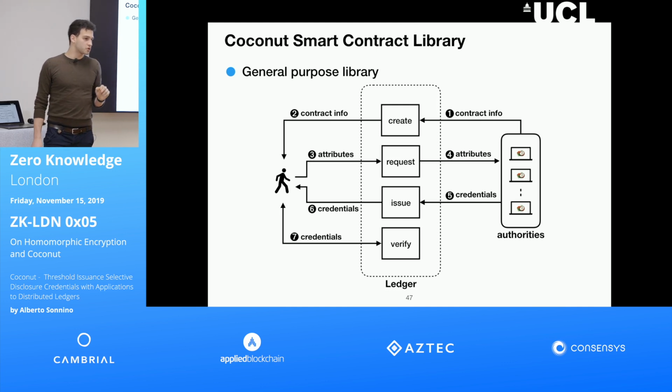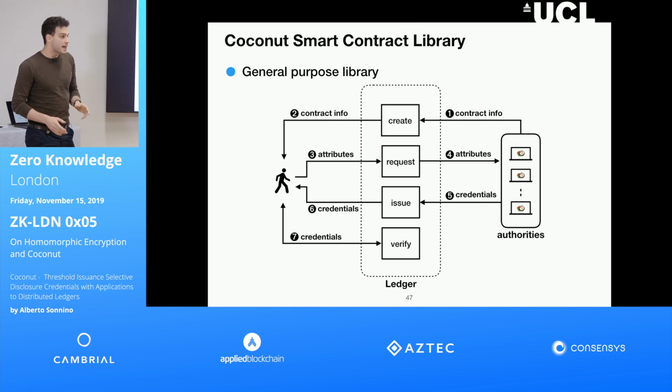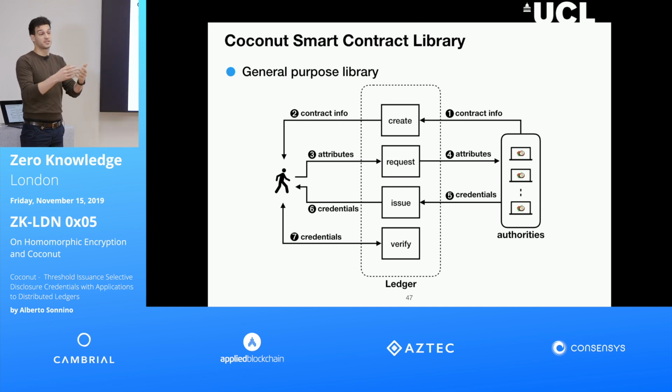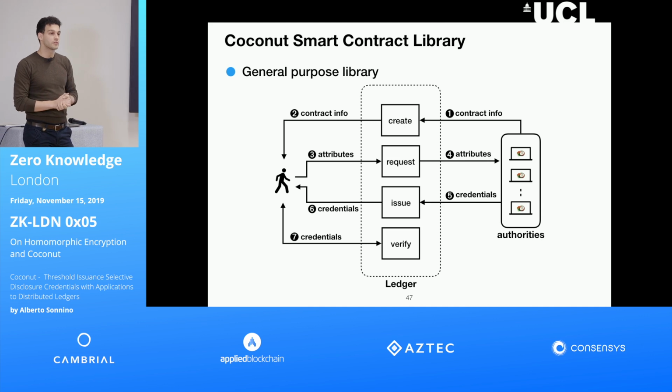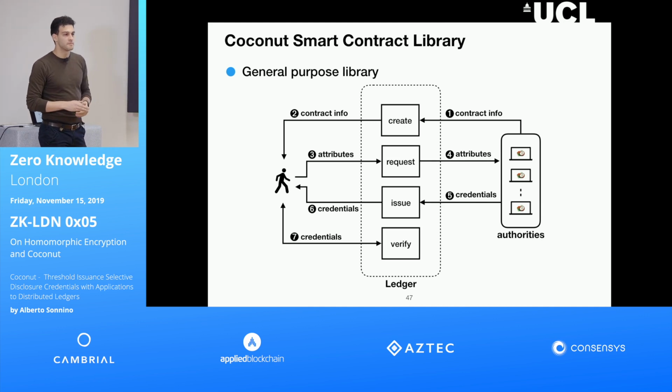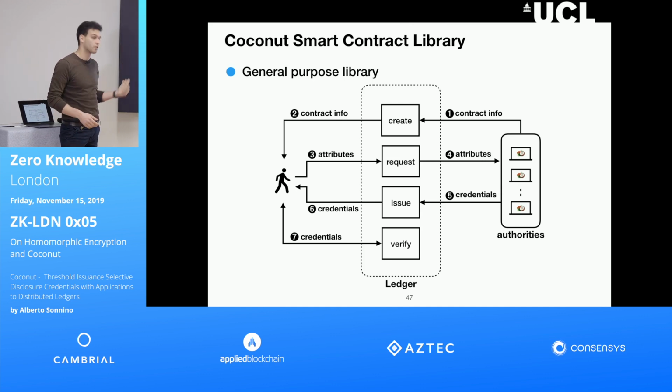I'll go through one application where that is particularly useful. And then as a user, you may say, well, I kind of trust these authorities. I trust T out of N of those authorities. So credentials that these guys would issue me are meaningful to me and to another smart contract, the application-dependent smart contract that I would go to right after that.